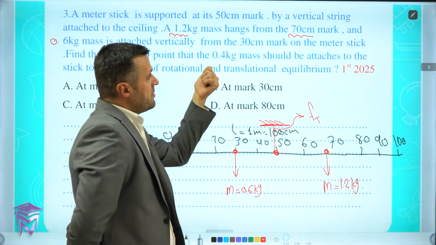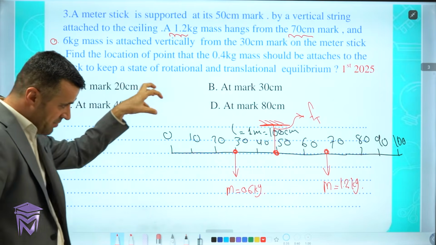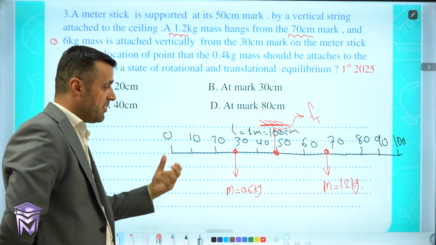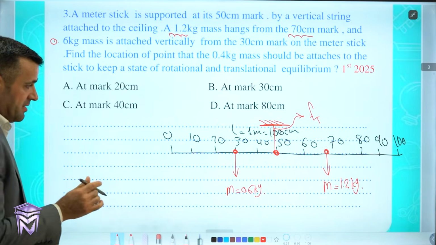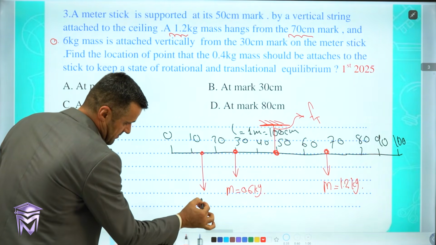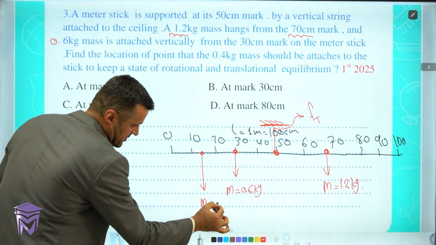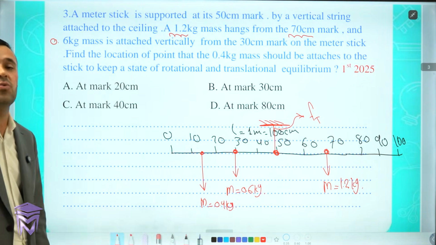A 0.4 kilogram mass should be at which location on the stick to provide translational and rotational equilibrium? The third mass, M3 equals 0.4 kilogram, must be at what location?